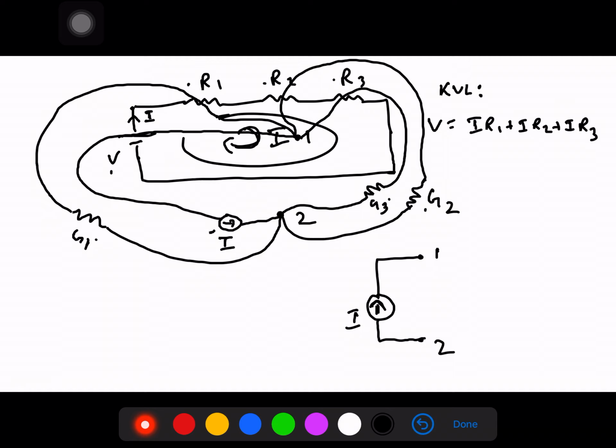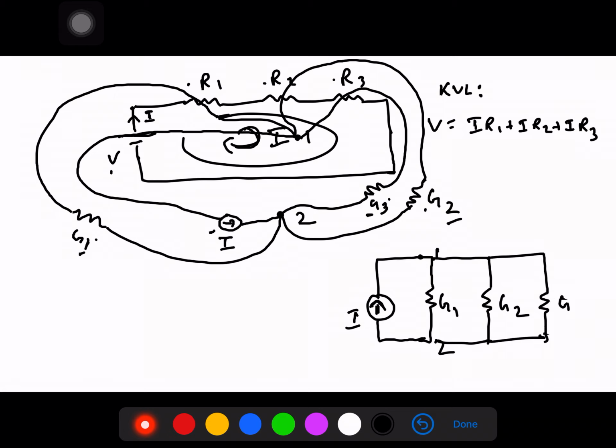What is again between 1 and 2? G1. So I'm going to draw something like this, G1. G1 is done. Then we have G2 between 1 and 2, so again I will draw G2. And then we have G3 here, so again I will draw G3.